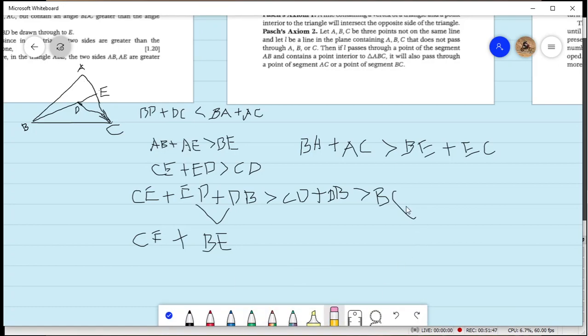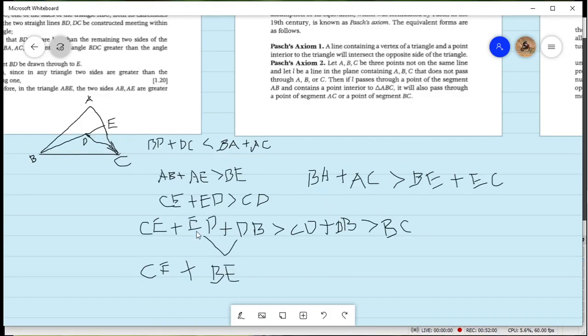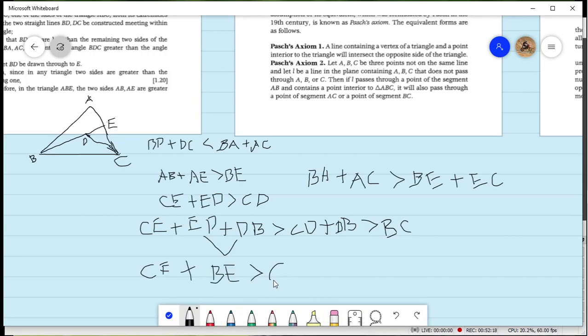Okay, let us make this clear. So ED plus DB is just BE, as we see here. Therefore, CE plus EB should be greater than CD plus DB.